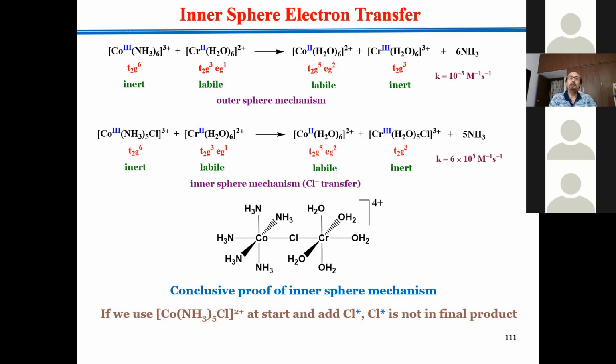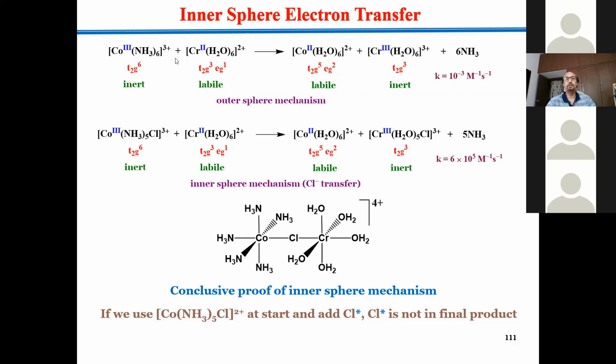Oxygen, one could imagine, has some amount of bridging power because it has one extra lone pair, but that is not a great bridging ligand. Very few compounds you would see where oxygen forms a good bridging ligand. So considering all the facts together, this is essentially an outer sphere mechanism, and the reaction rate is also indicative in that direction.